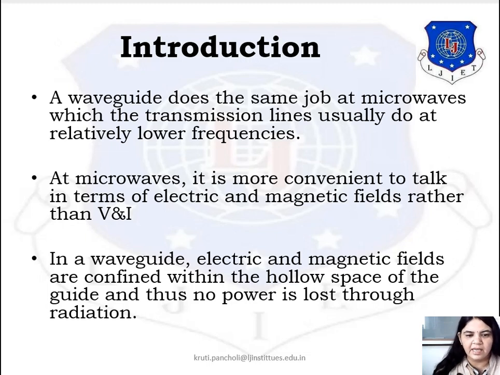In the TEM mode of propagation, the transverse electric and the transverse magnetic mode can be characterized by Ez, that is the electric field component in the Z direction, and Hz, that is the magnetic field component in the direction of propagation, that is the Z. So this Ez and the Hz both are zero.